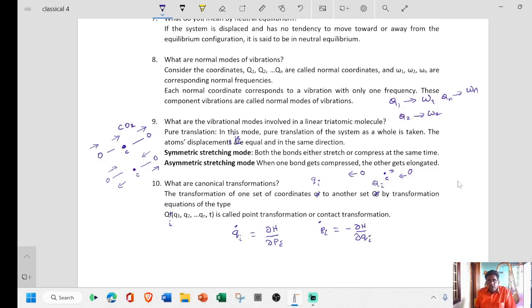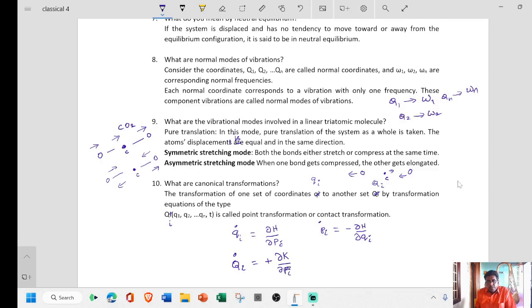If this q_i is transformed, capital Q_i dot is equal to plus dou K divided by dou P_i.